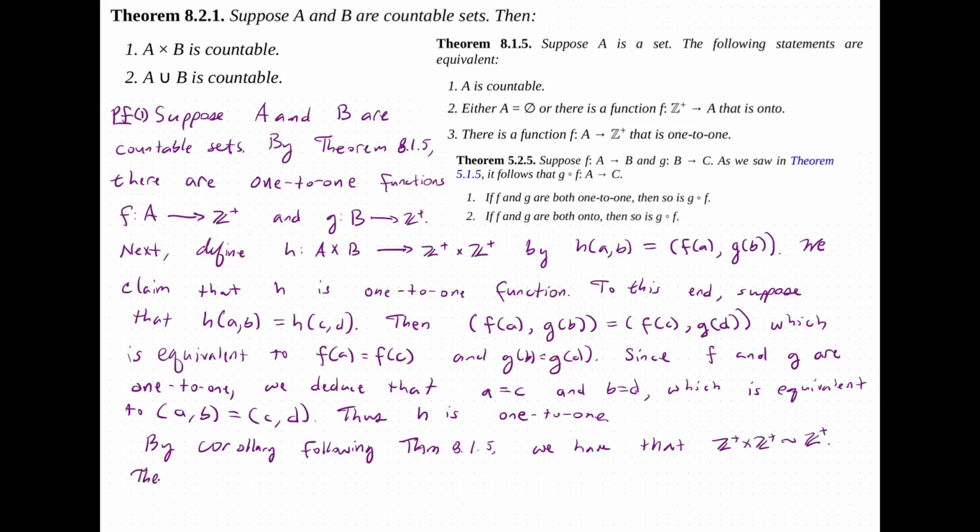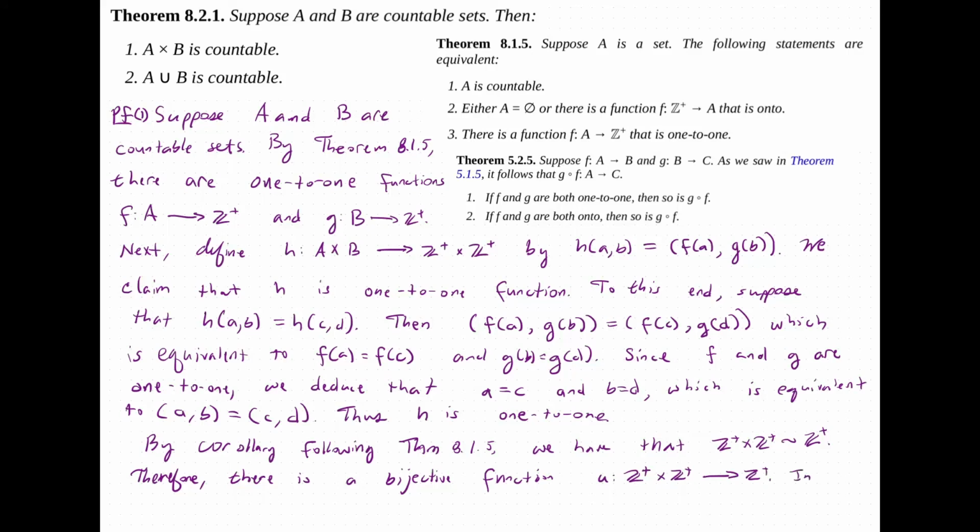Therefore, there is a bijective function u going from the Cartesian product of the positive integers with themselves to the positive integers.